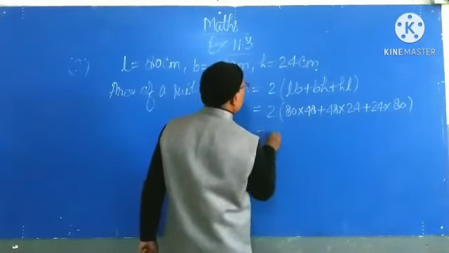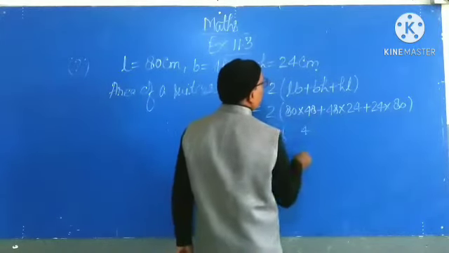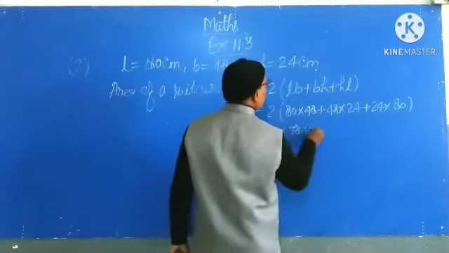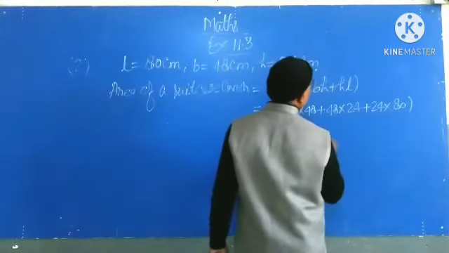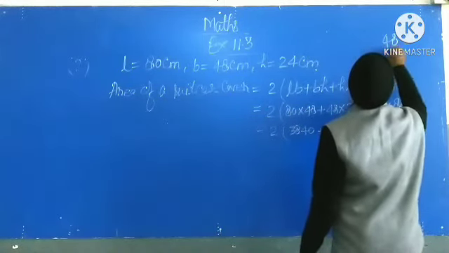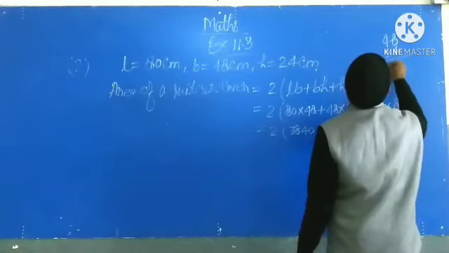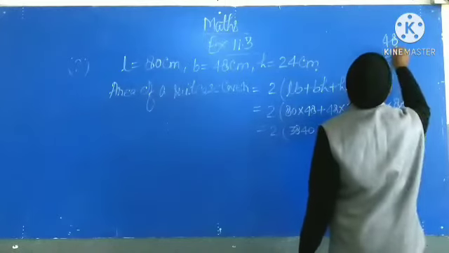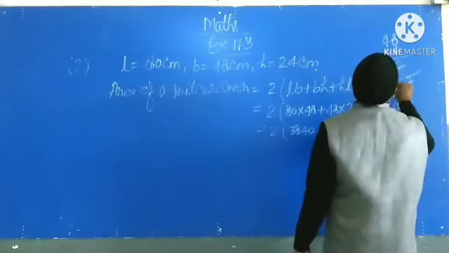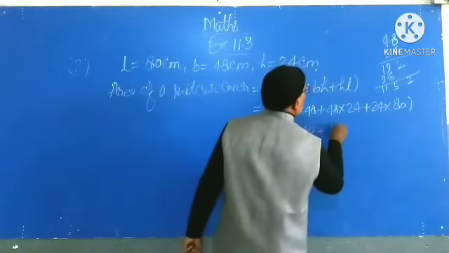You get 80 into 48 is 3840, plus you multiply 48 into 24, which is 1152.